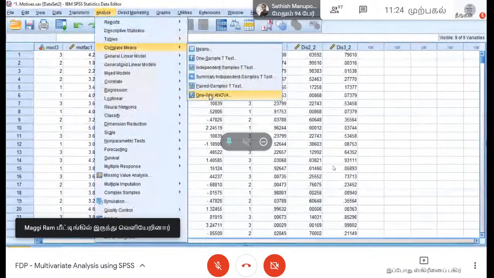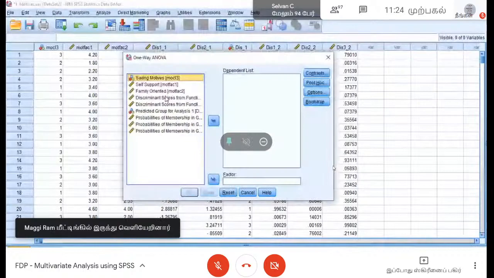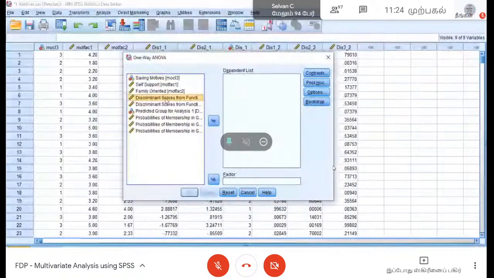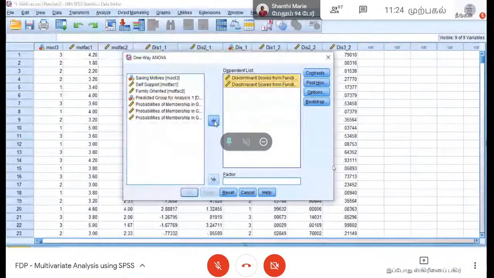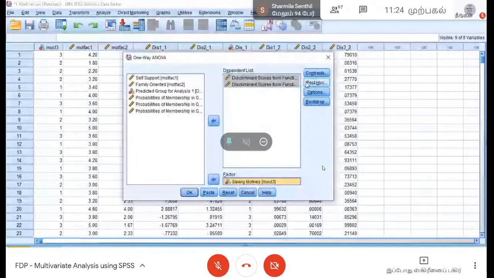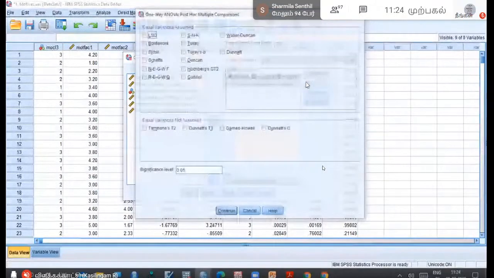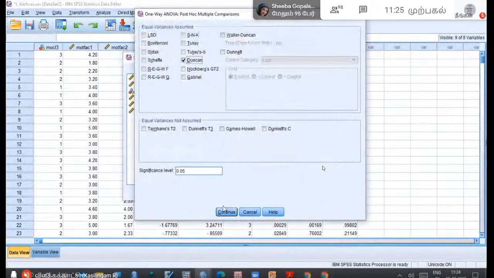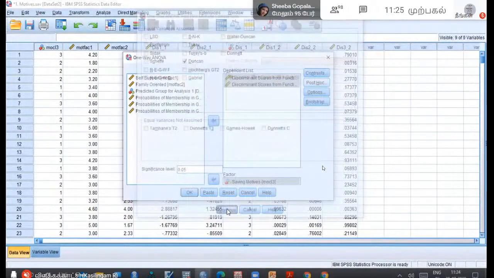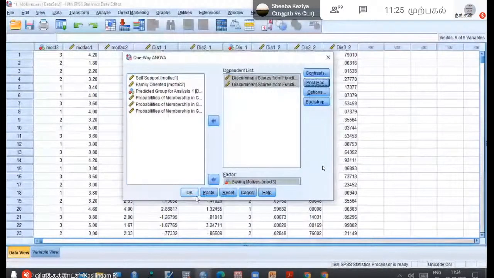Now these are the discriminant function scores. I am putting this one here. Let me use post hoc also, so that you will get the mean values also. If necessary I will show, otherwise not necessary.